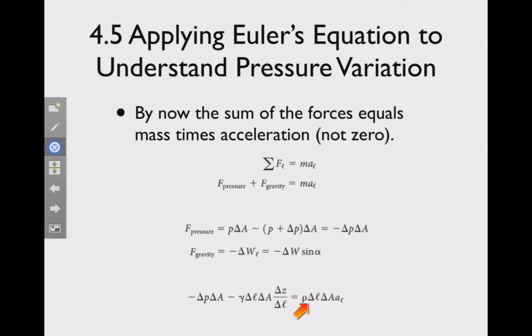If I just write this out, the mass equals the density times the volume. In this case, the volume is delta L along the fluid parcel, and we have delta A being the area of the cross-sectional end of it. So this is just ma.